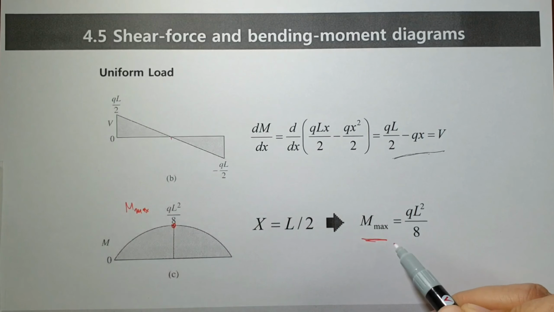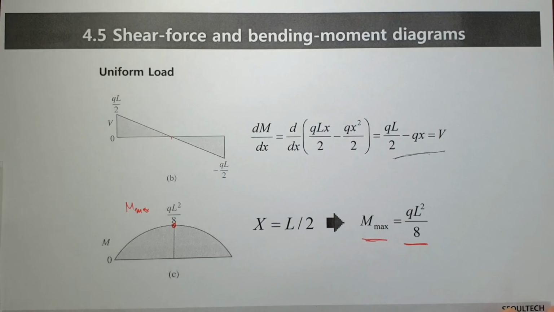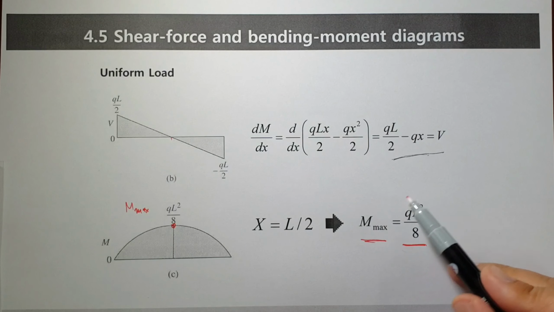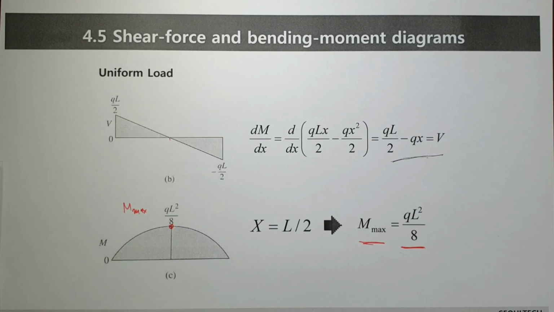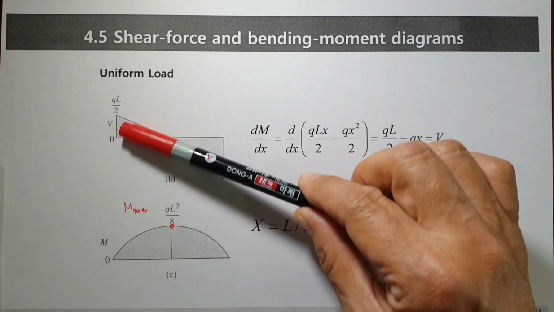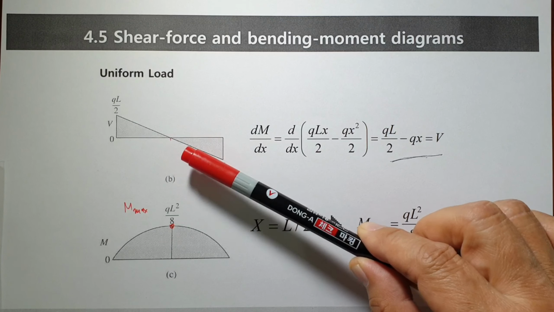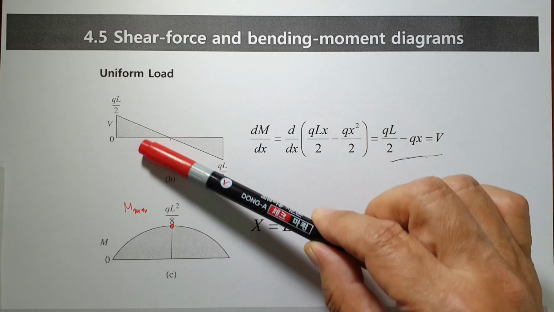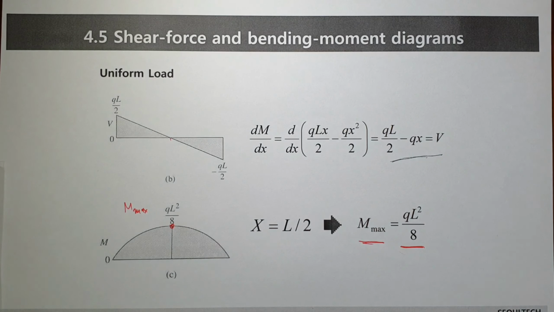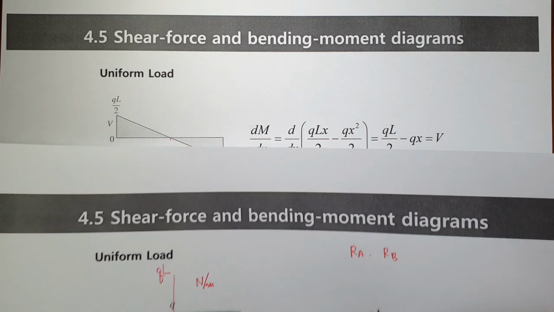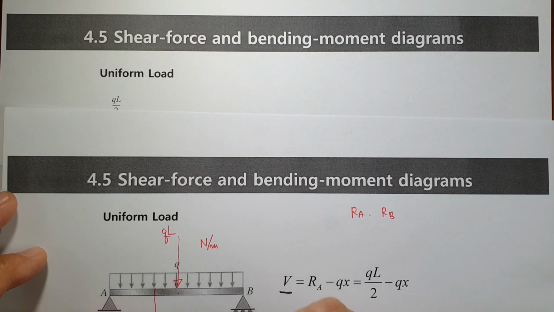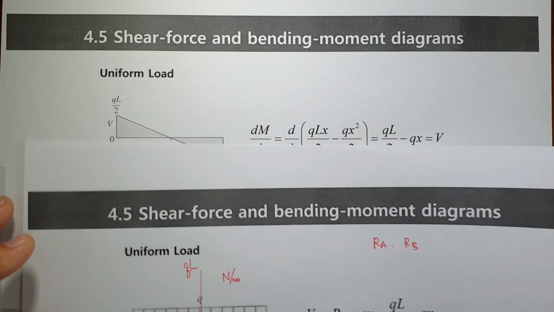In this case, maximum bending moment is expressed with this amount. When you take derivative, then you can have this kind of condition. And when you take one more derivative, you can have this kind of relationship. Okay, linear relationship is available.